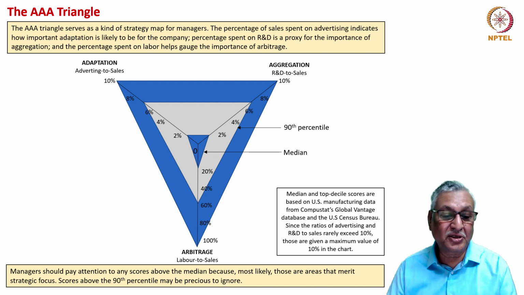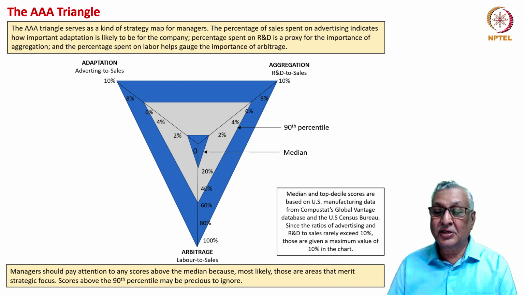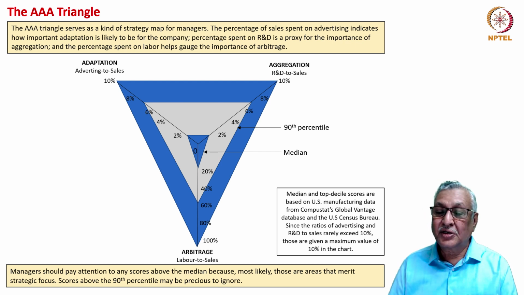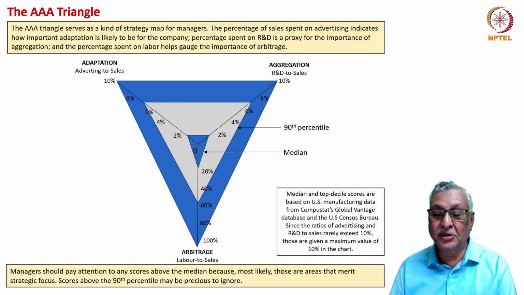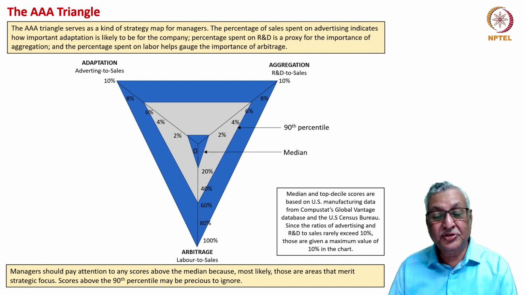You can draw a spider diagram based on this. The median and top decile scores are based on US manufacturing data from CompuStat's Global Vantage database and US Census Bureau. The ratios of advertising and R&D to sales rarely exceed 10%, more so for developing countries. Managers should pay attention to any scores above the median because most likely those are the areas that merit strategic focus. Scores above the 90th percentile may be perilous to ignore.